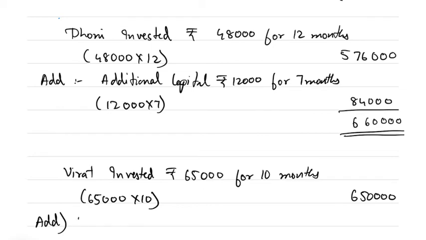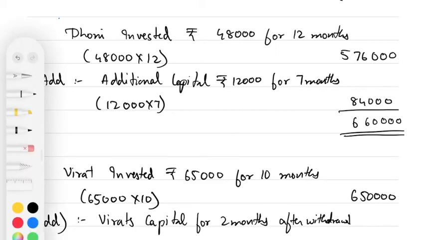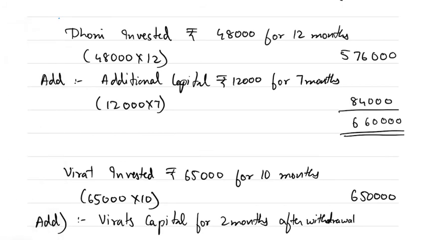So Virat's capital for 2 months after withdrawal. Now the capital for 2 months has become 60,000.